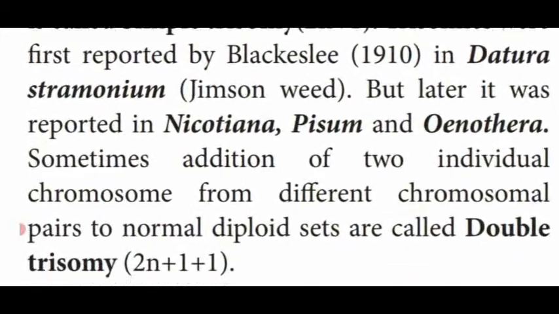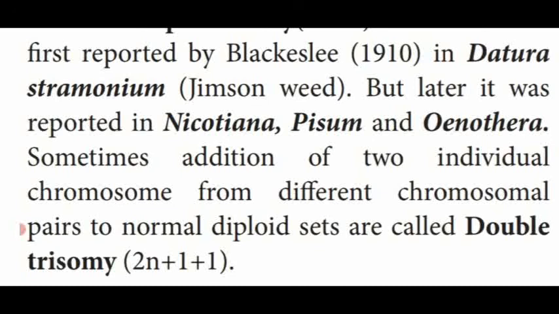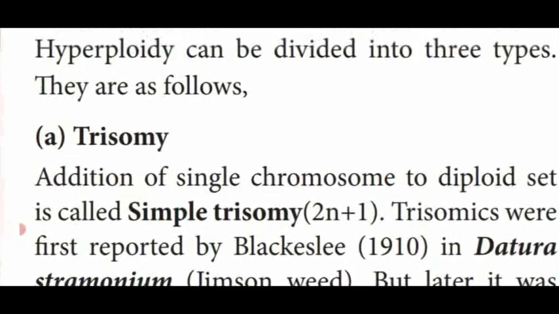Sometimes addition of two individual chromosomes from different chromosomal pairs to the normal diploid set is called double trisomy. First one, single trisomy, isn't it? There we add only one chromosome to a diploid set, known as simple or single trisomy, 2n plus 1. Don't forget the formula. Already a diploid set 2n plus a single chromosome, so 2n plus 1.